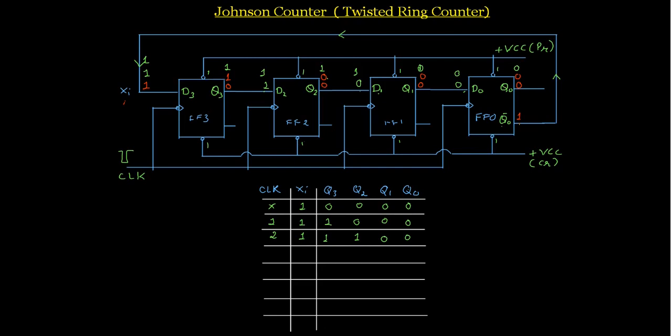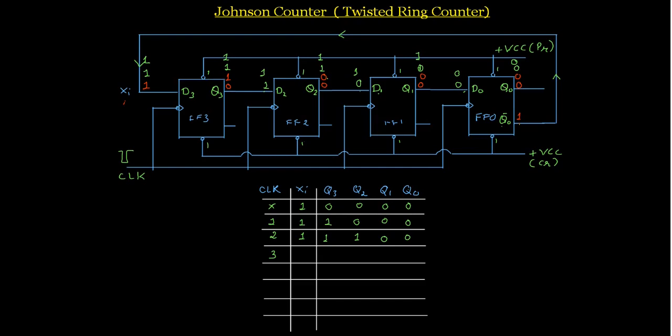So when we apply the third clock pulse, due to this 1 at the input D3, this output Q3 is also going to be 1. Input to D2 is also 1, so Q2 is also going to be 1. Input to D1 is 1, so Q1 is going to be 1, and here the input is 0, so this is going to be 0.